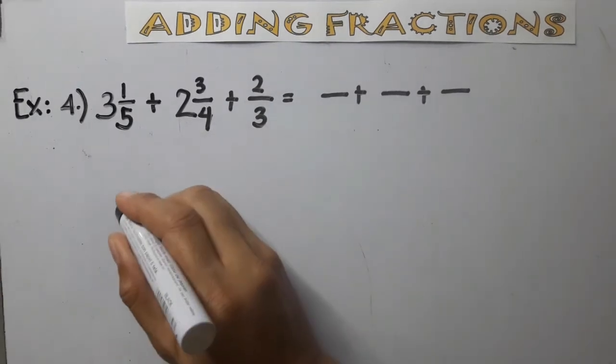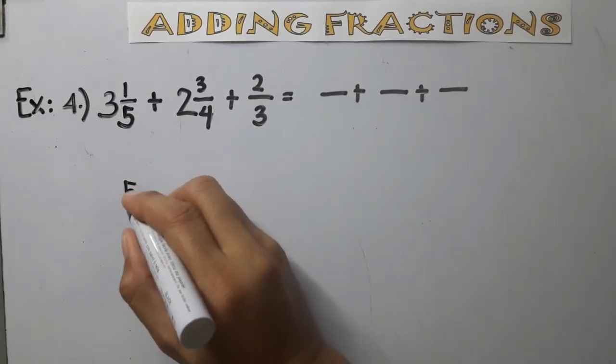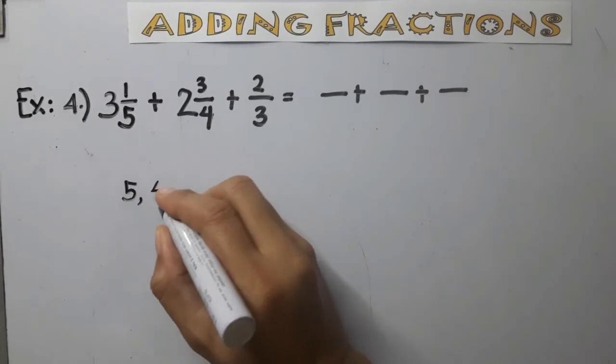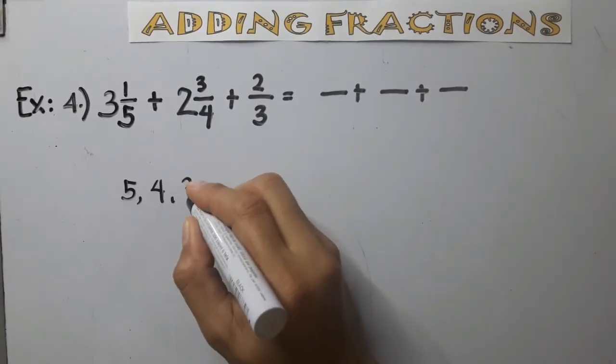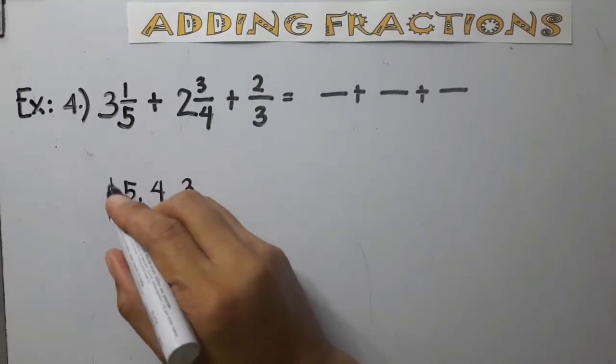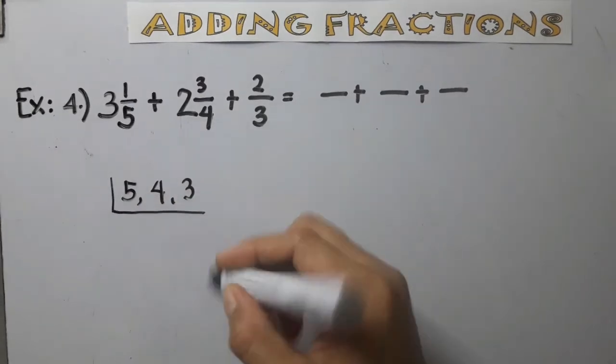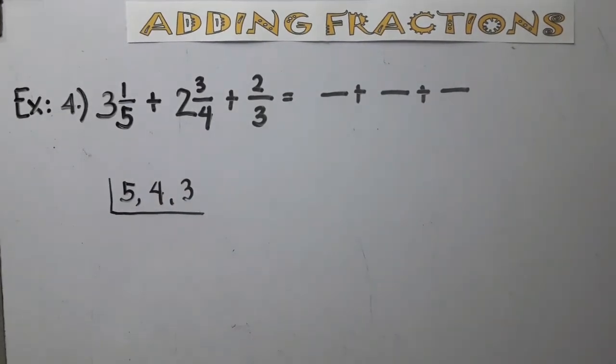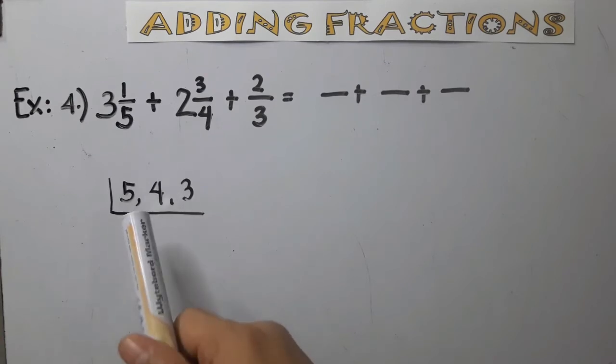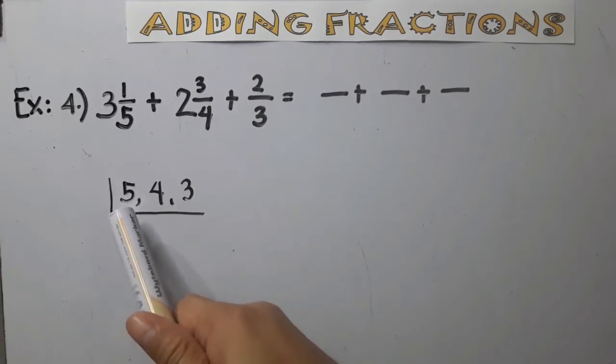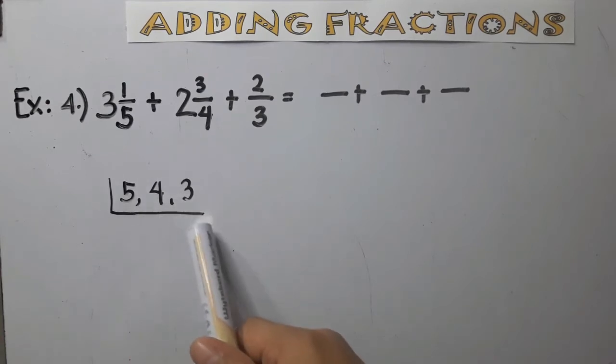So we're going to get the denominators 5, 4, and 3. So as I said, you're going to think of a prime number that you can use to divide the given numbers.